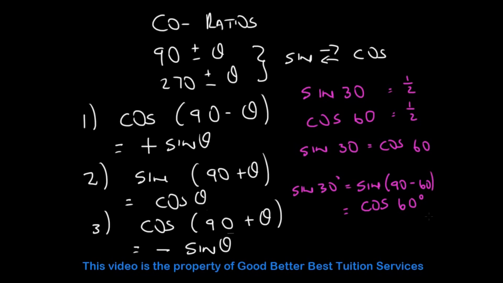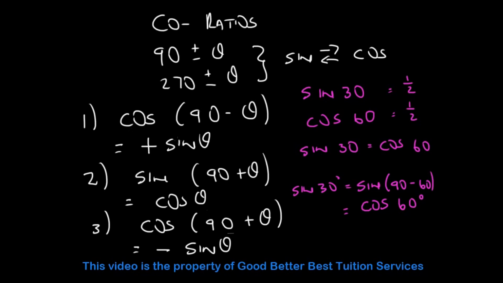Okay, so if we look at what we have here, we have the cos of 90 minus theta. So the cos of 90 minus theta is going to give us the same thing as the sine of that angle. So because we have a co-ratio, cos 90 minus becomes sine. So we ask ourselves, in this first quadrant, is cos positive or negative?